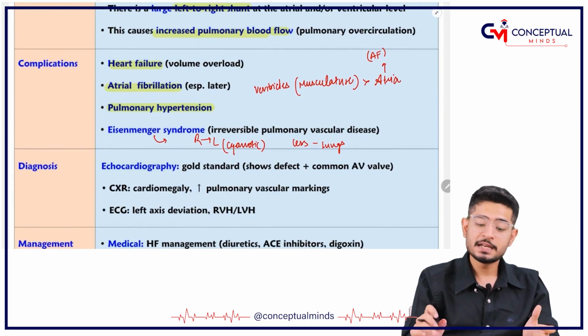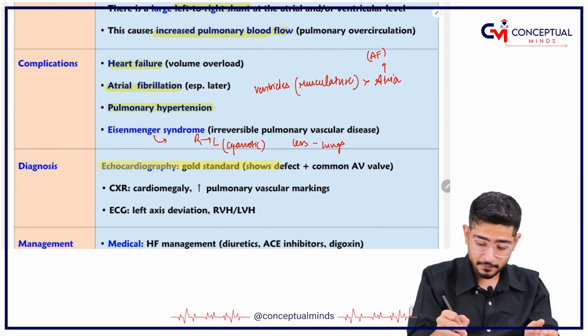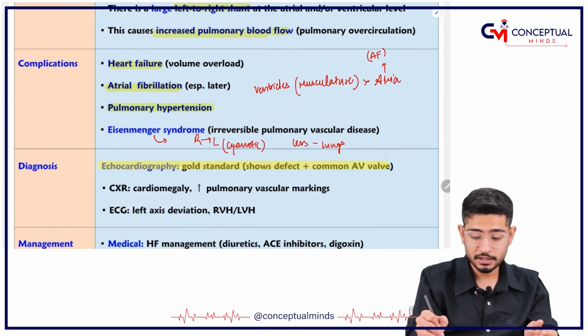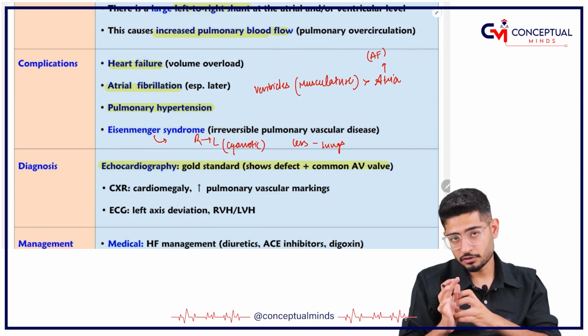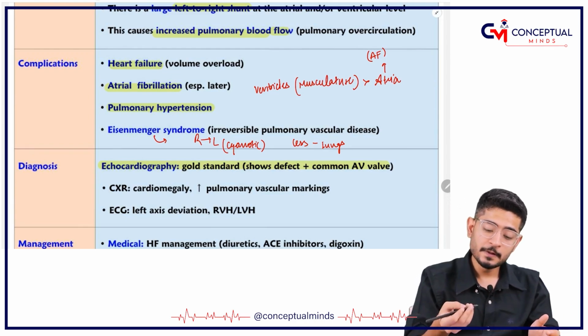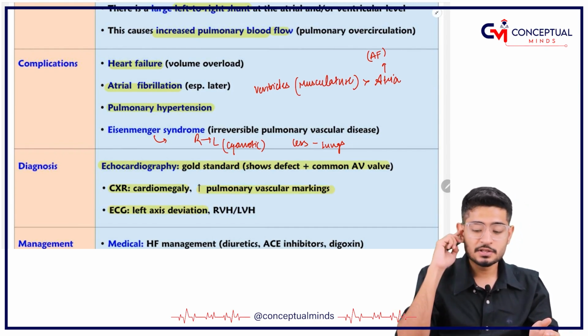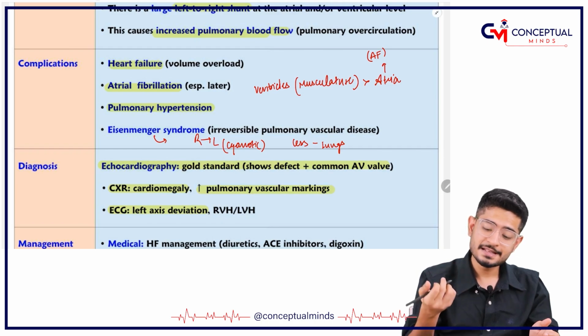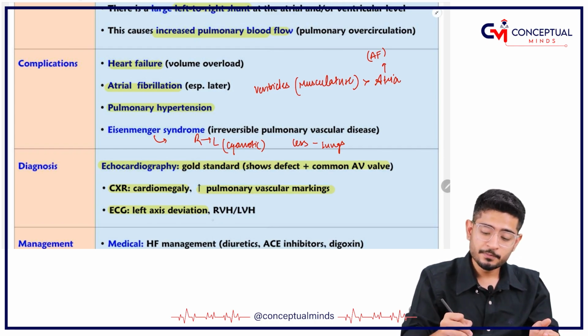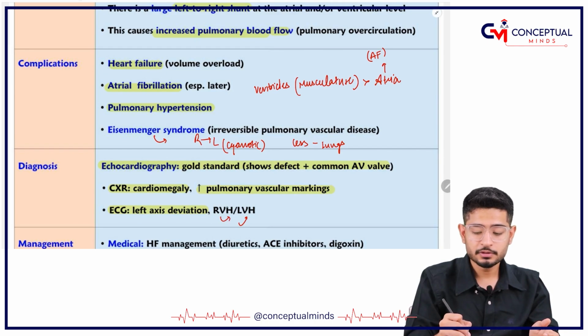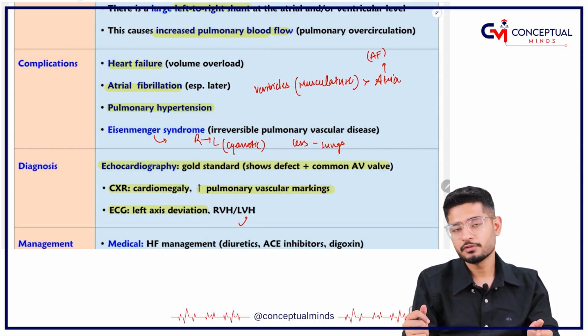Again, in order to see any abnormality in the heart, echocardiography is the gold standard, which is going to show you the defect, and of course the common atrioventricular valve defect also. Chest X-ray is going to show cardiomegaly and increased pulmonary vascular markings. There is a left axis deviation which is going to occur. Left axis is deviated because of either right ventricular hypertrophy or left ventricular hypertrophy, but mostly left ventricular hypertrophy is going to occur.